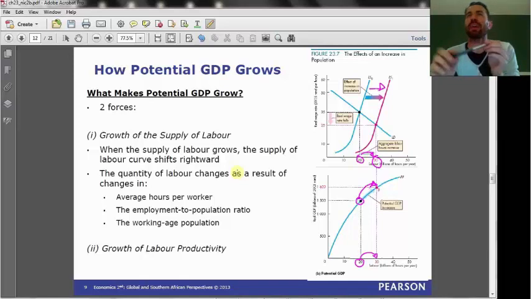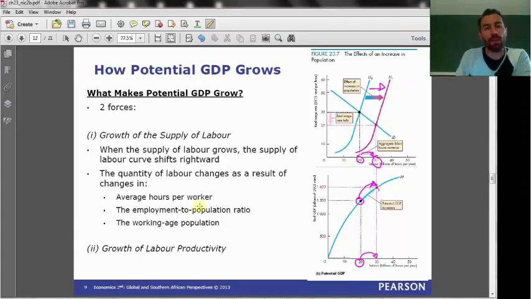And he said it was something like 1,000 hours a year. That's basically 2.5 hours a day. So, not everyone, but on average, laborers in the East work 2.5 hours per day more than those in Germany. That is the kind of thing that would shift your labor supply curve to the right. Alternatively, of course, if everyone starts working less, what happens to the labor supply curve? It shifts the opposite way, to the left.